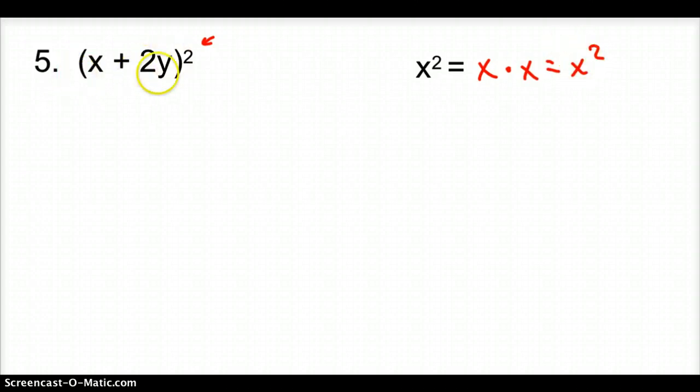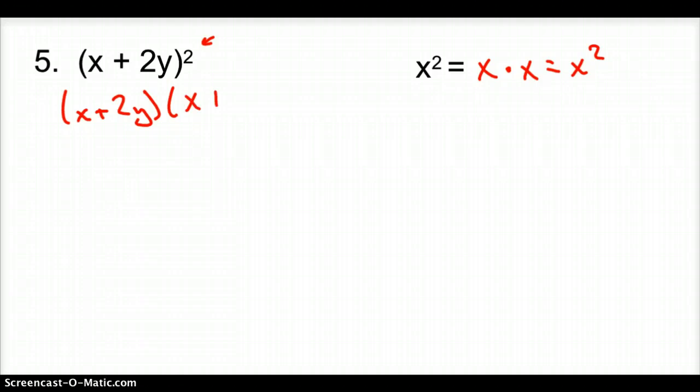So now when we go back to this, we have to make sure that we go x plus 2y times x plus 2y. Please make a note, circle this, do what you have to do to remember this, but we have to write it out twice.